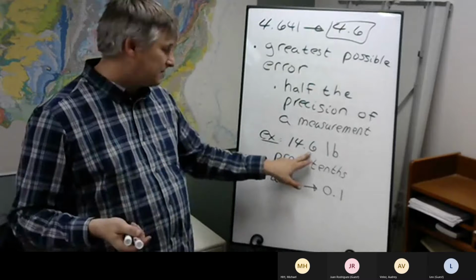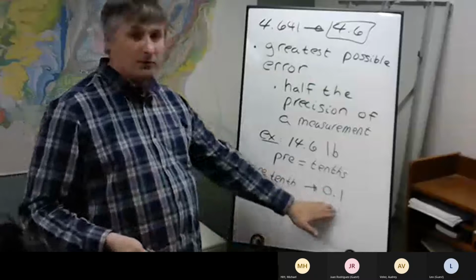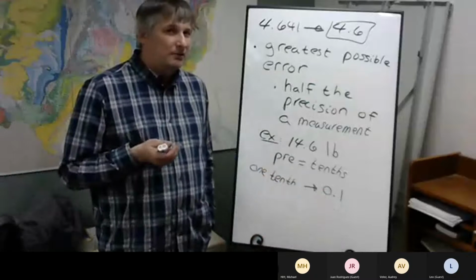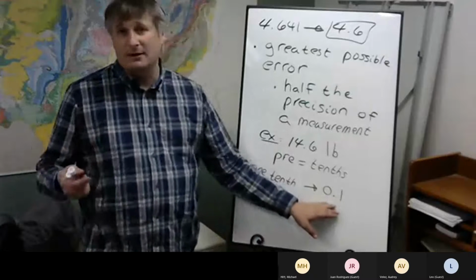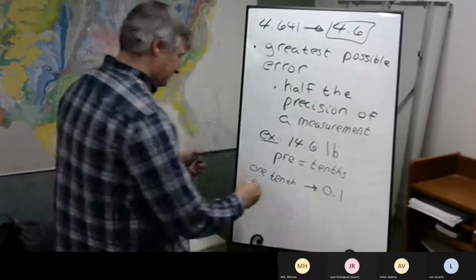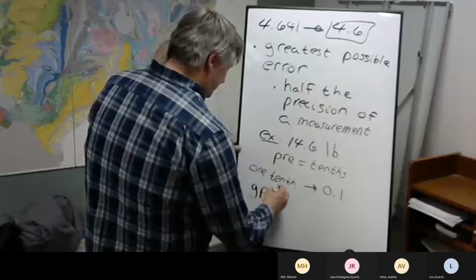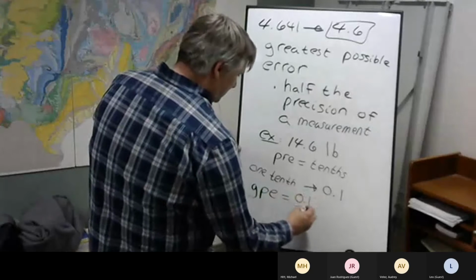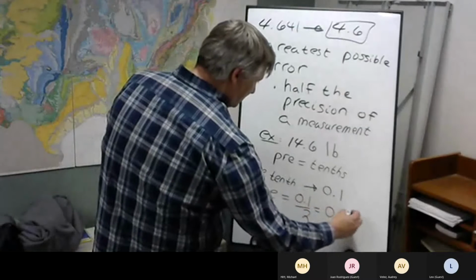It's going to be tenths. And then a representative of a tenth is 0.1. So when we talk about the greatest possible error, we're going to take this representative 1/10 and divide it by 2. I'm going to call it the GPE. It will be 0.1 divided by 2, 0.05.